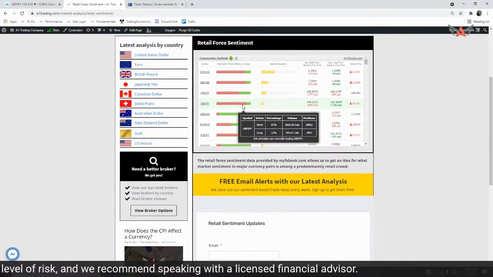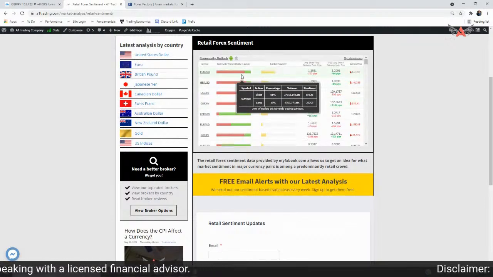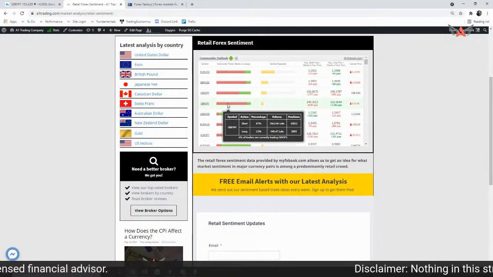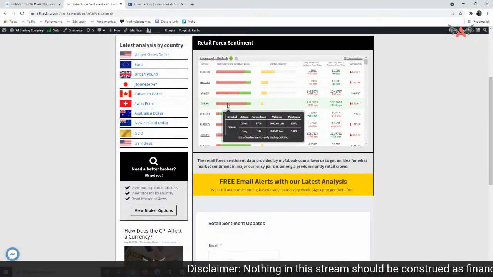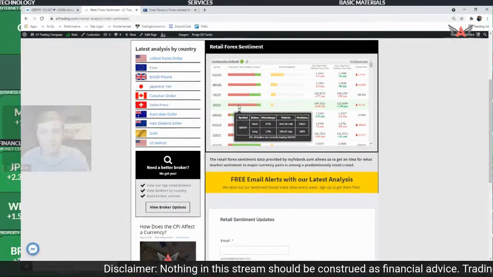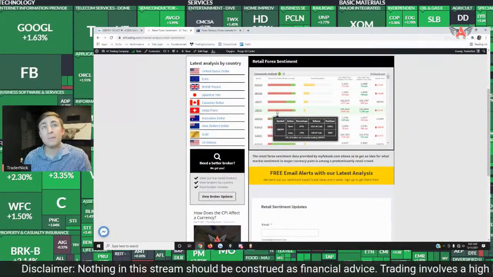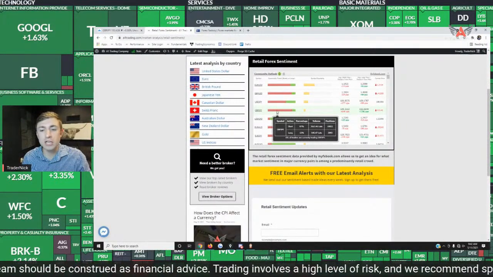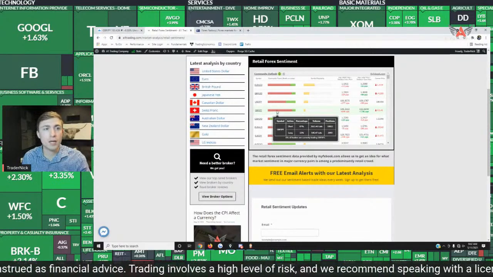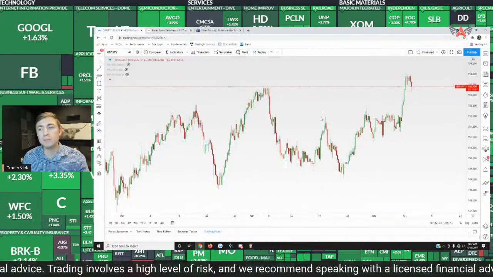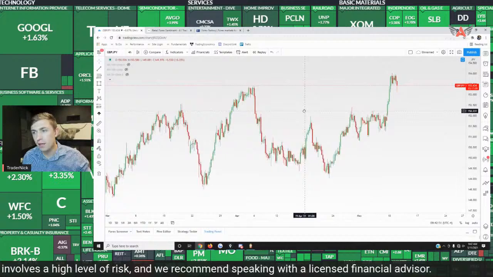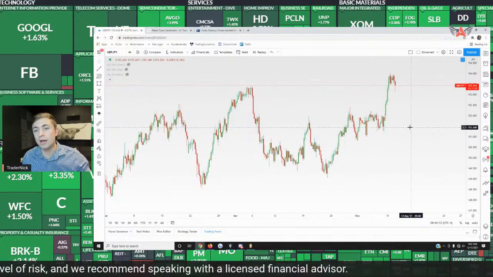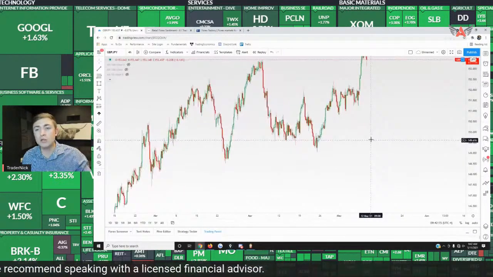The reason that is really interesting is because, like we said with Euro USD, when the retail crowd, more of the gambling crowd, more of the traders who don't have rigid strategies, are all short on something, it might be worth being a little bit cautious with the sell side. So when I'm looking at GBP JPY, I'm saying, okay, if most traders are thinking it's short, I'm looking for opportunities to go long.